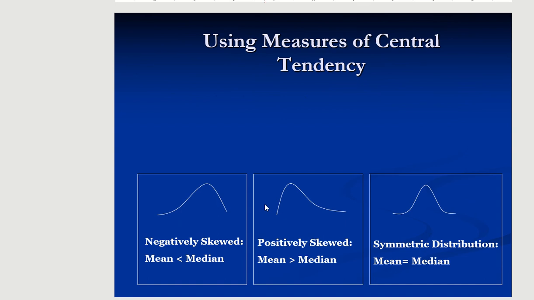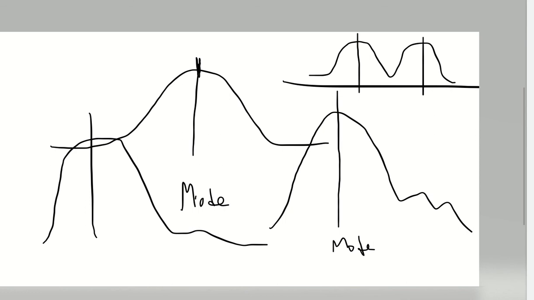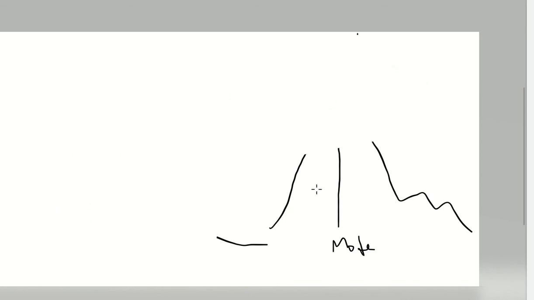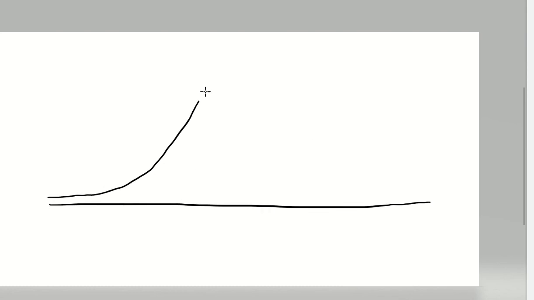Okay, more about the mean, the median, and the mode. When you have a symmetrically distributed data like here, the mean and the median are very, very similar. Actually, let me just tell you what this is called. A distribution that has this shape is called the bell-shaped distribution, also called the normal distribution, also called the Gaussian distribution.